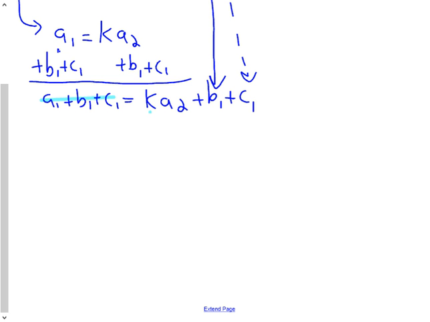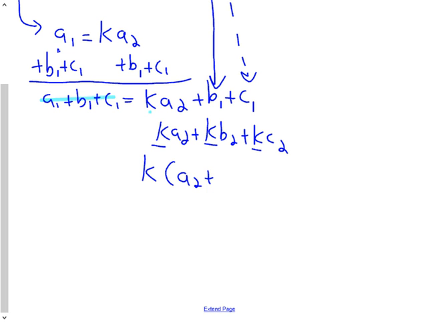And now substituting, this was KB2 and KC2. And now everything has a K in it, so I can factor K out. If I take K out, I have A2 plus, this one taking a K out, I've got B2. This one's a B2. And taking a K out, I have C2.